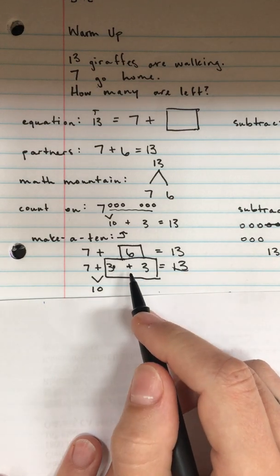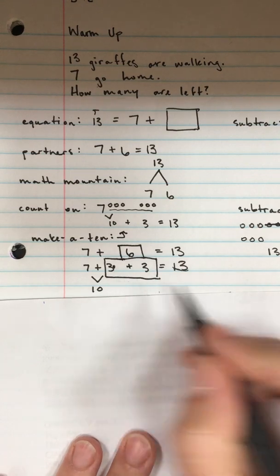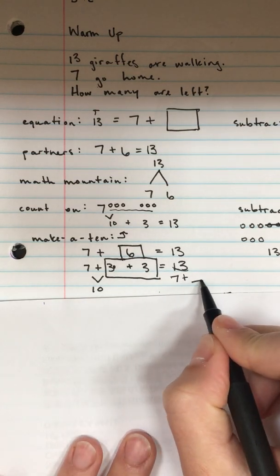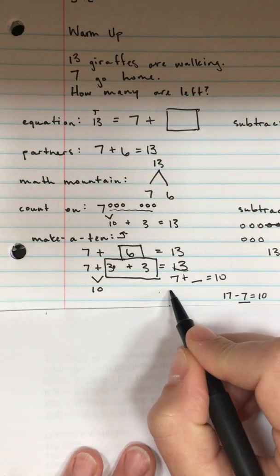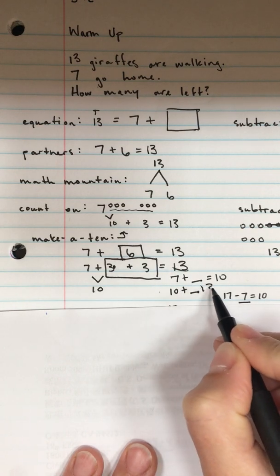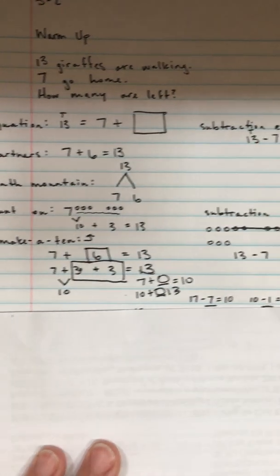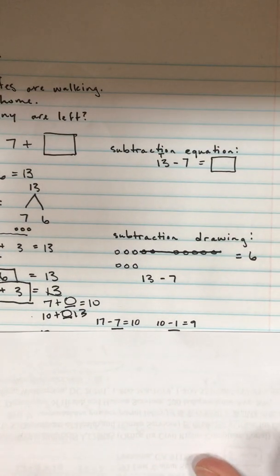That's why I put them both in the box. We're just doing it in 2 steps. So 7 plus something to make 10, and then 10 plus something to make 13. And then we're adding those 2 numbers together. So we can also do a subtraction drawing.